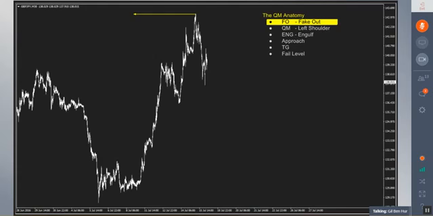So yes, we're working on an M1, but that's for timing the entry for the daily. Okay, so we're not looking to trade Quasimodos of M1 levels. Okay, so don't get confused about this. The higher the level is the better for us, and it's going to be the most rewarding one.